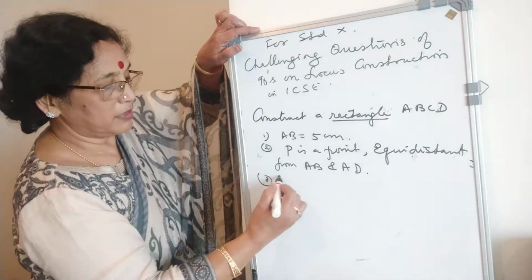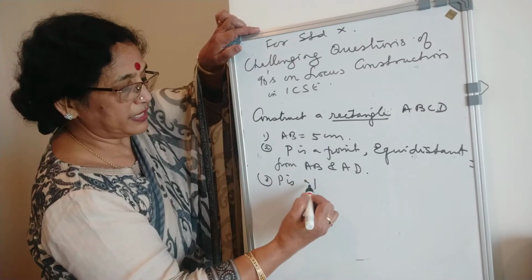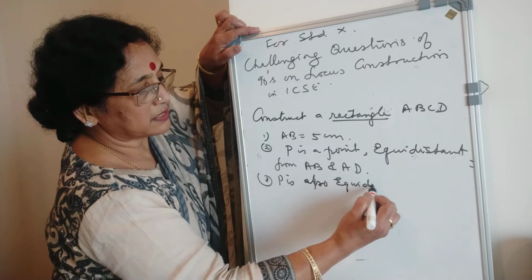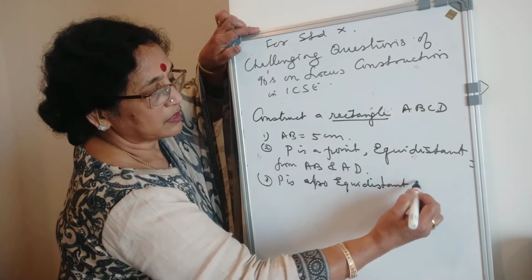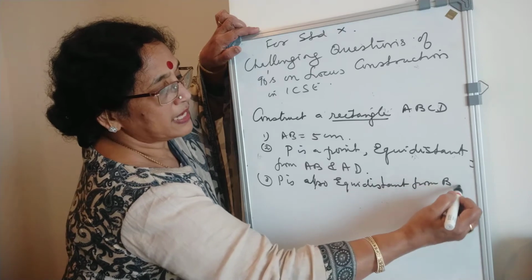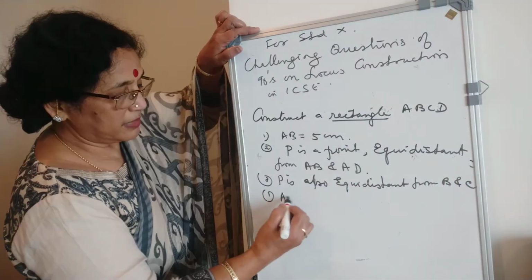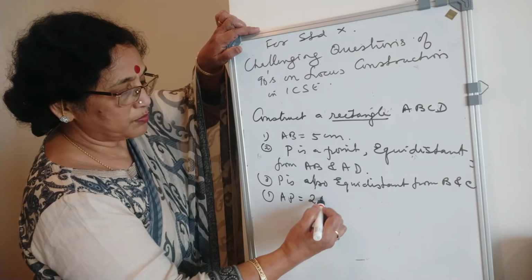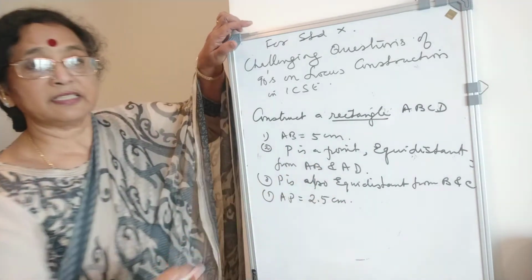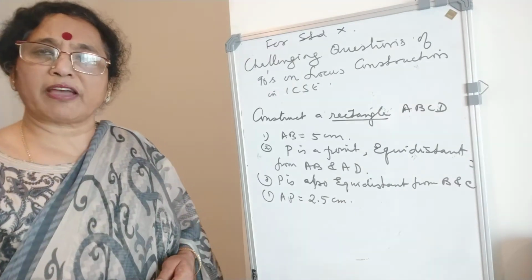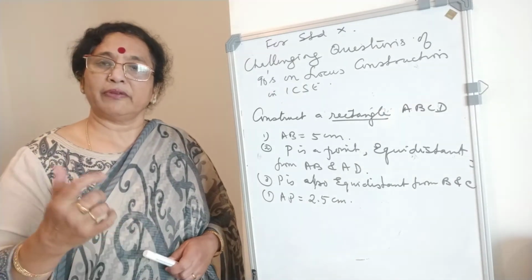Third, P is also equidistant from B and C. And fourth, AP is given as 2.5 centimeters. Measure the side BC, or they can ask you to find the perimeter of the rectangle.